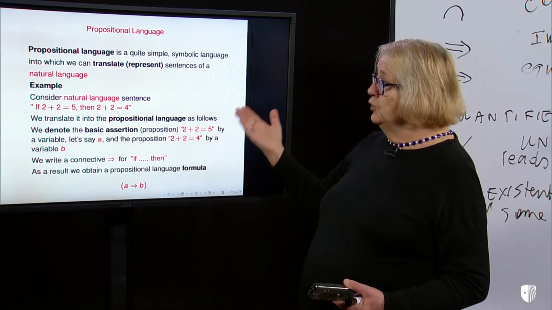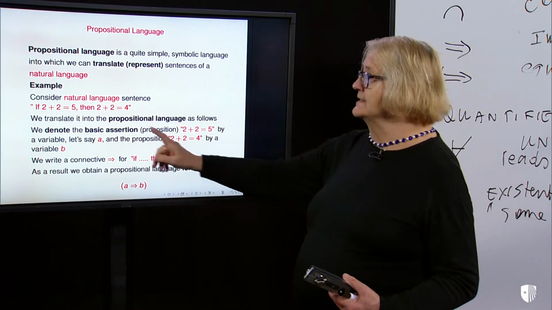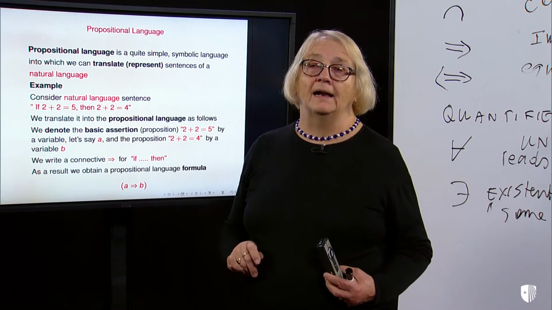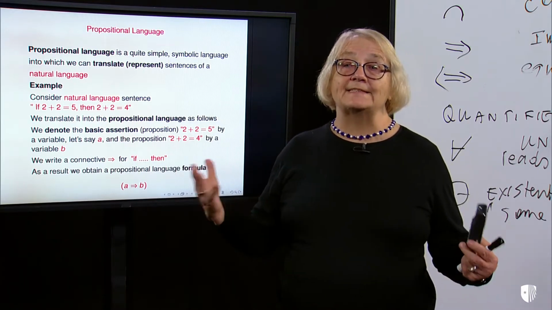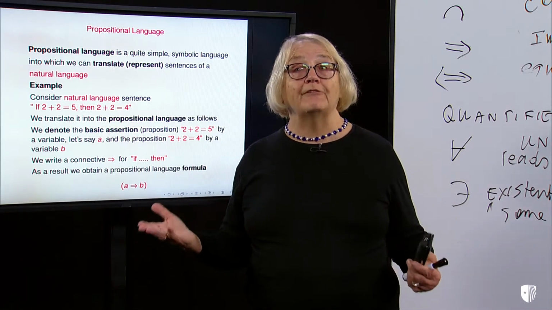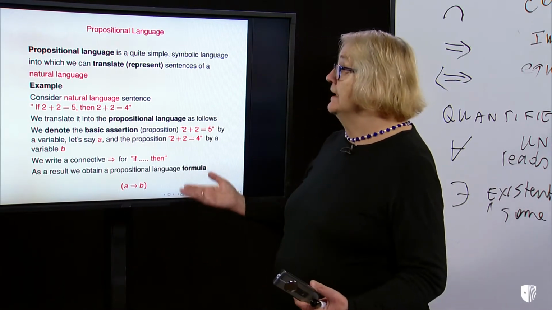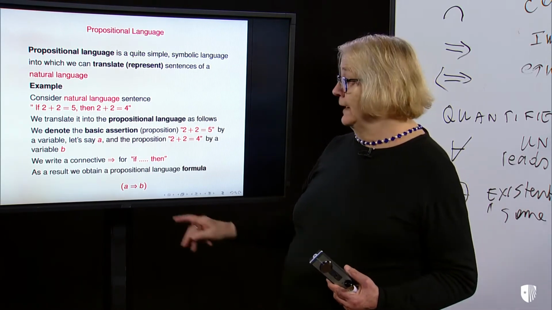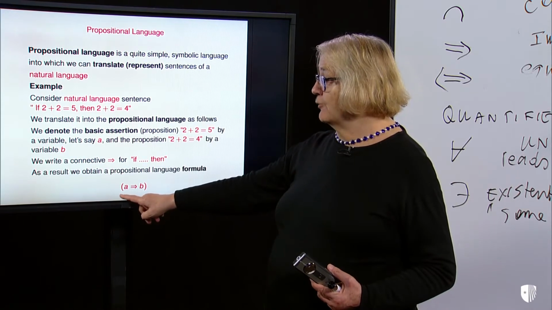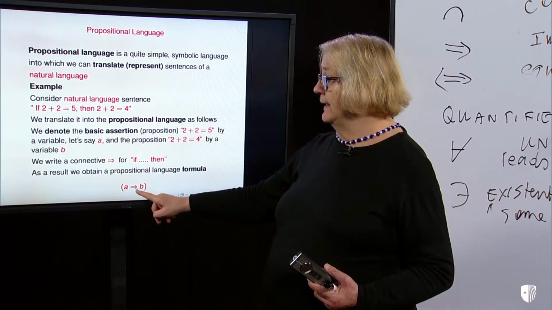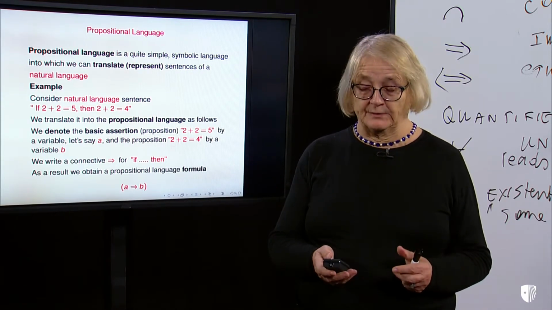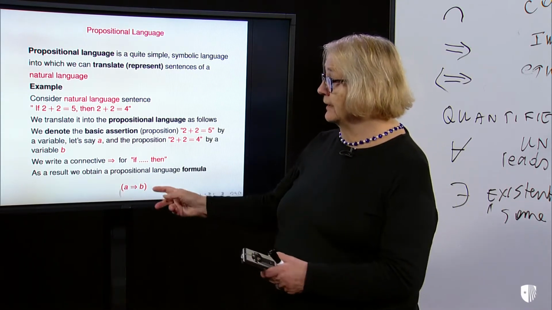So you denote basic assertions by small letters like A, B, C. They are called propositional variables. And that natural language sentence would become, in our formal language, A implies B, and we put parentheses around it, and I will explain why we always put parentheses.